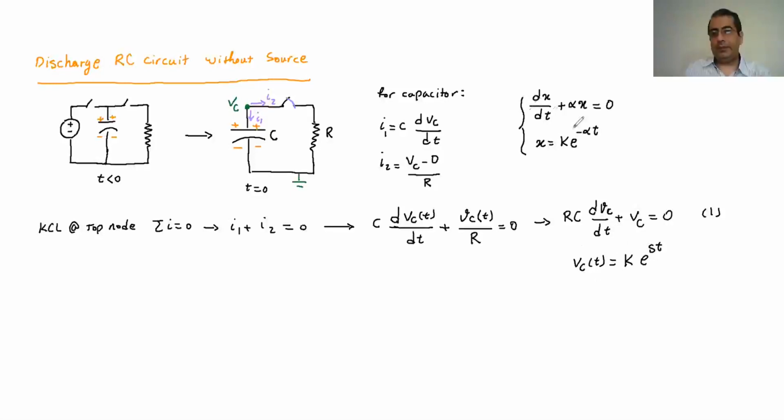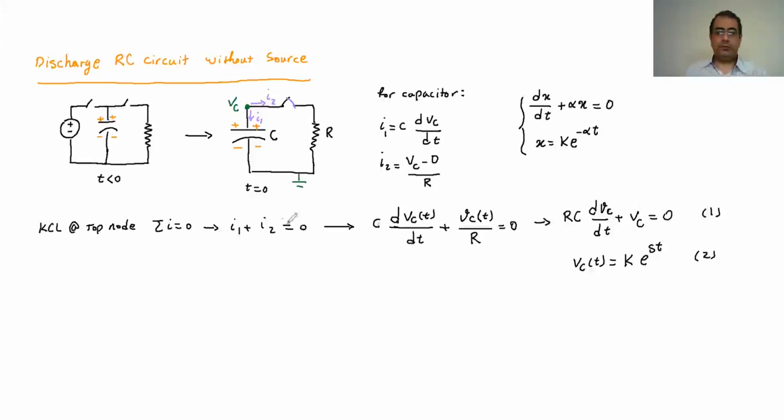The same as here, K is the constant that we have to find. So K and s are constants that we have to find. That's equation number 2.